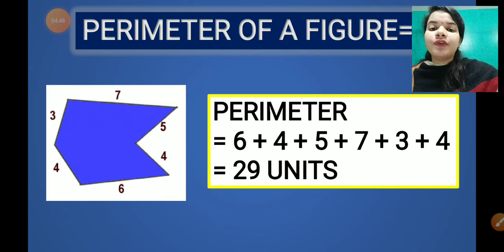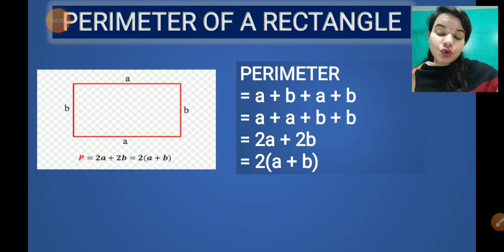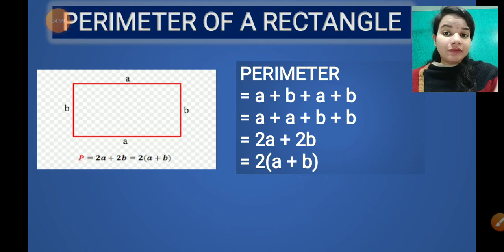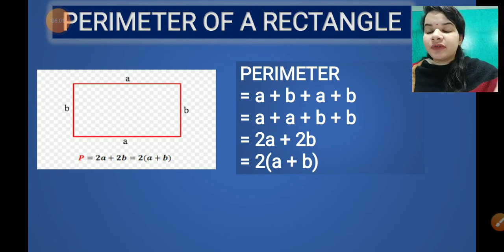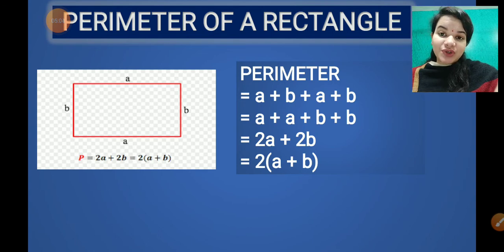And we have few formulas also for finding the perimeter. Yes, we have derived few formulas for different geometrical figures. Now first of all we will see how to find the formula for perimeter of a rectangle. Suppose here we have a rectangle whose length is A and breadth is B.